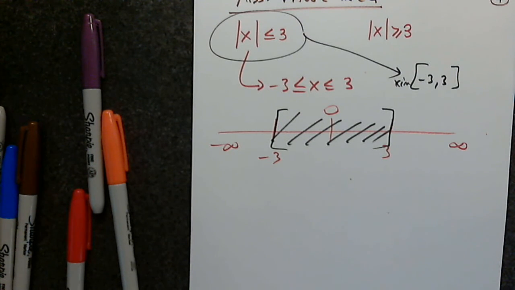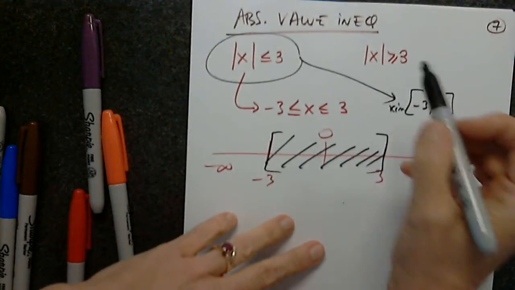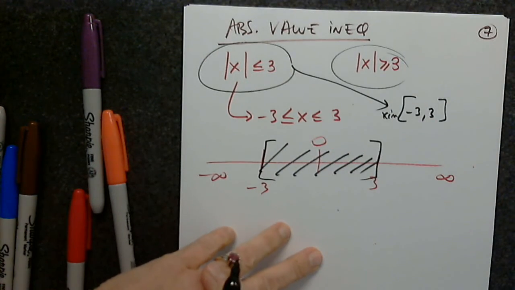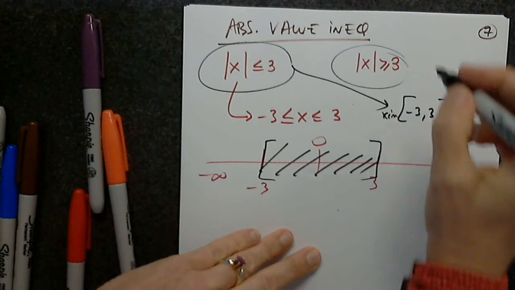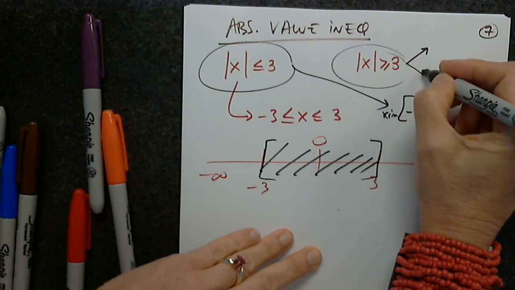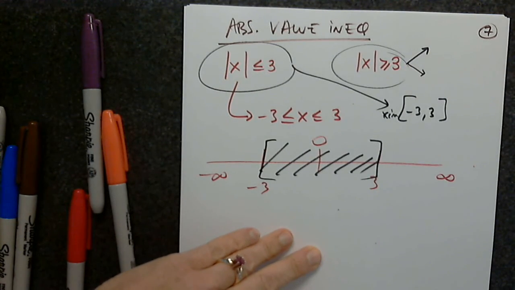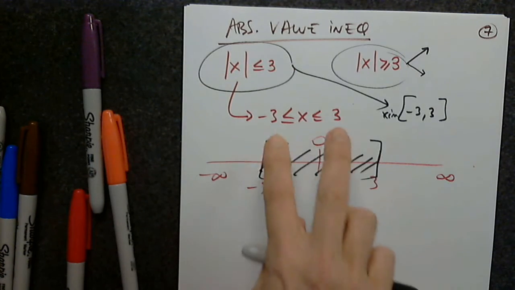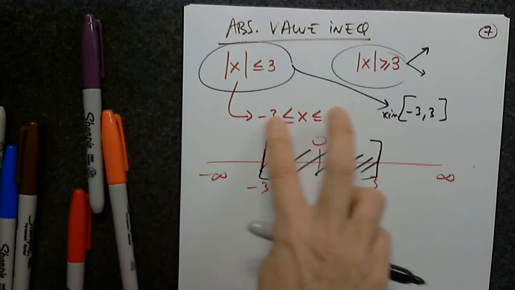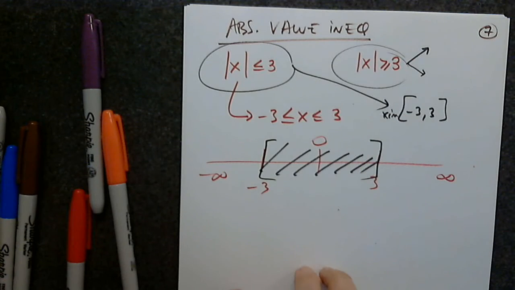So again, if I don't know how to convert this, I will not be able to solve it. This one gets replaced by 2 completely separate inequalities. This one was nice, like a chain. I'm able to solve both inequalities at the same time.